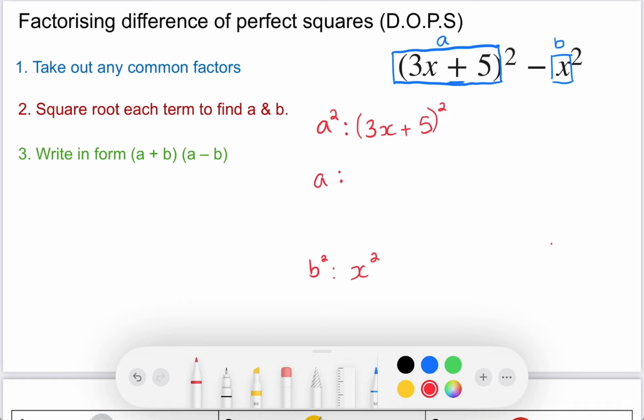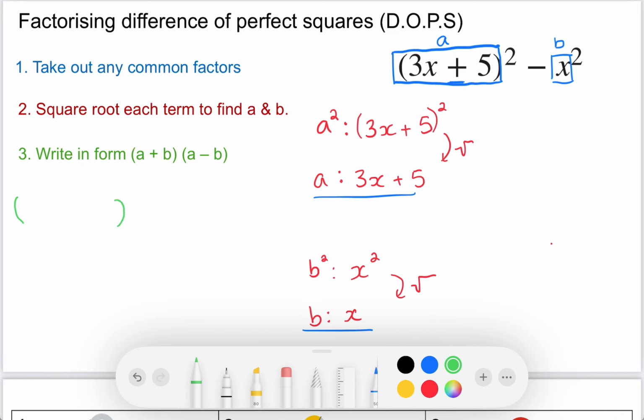So to find just a by itself, I square root. So a is 3x + 5. And b, again, I have to square root to find just b. The square root of x² is x. Okay, so now I've stated what a is and what b is.